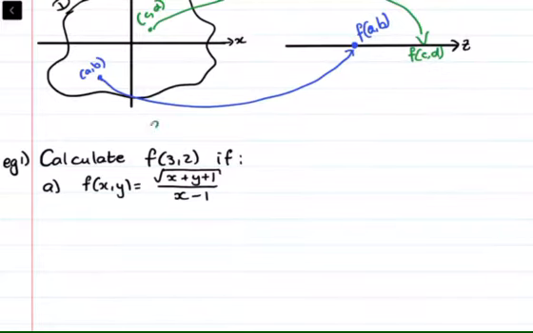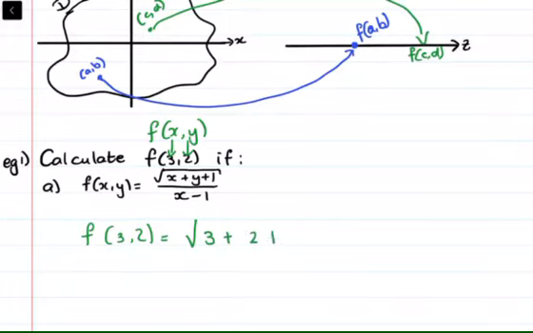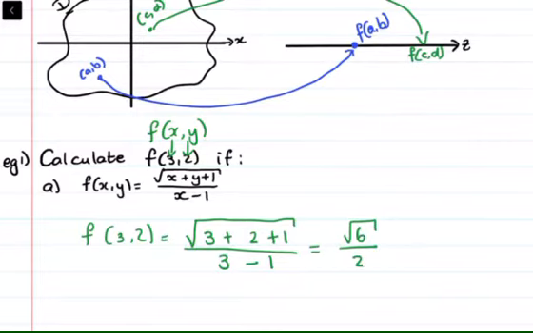It then means that the value that we will be substituting into the function for x is 3, and the value that we substitute into the function for y is 2. So f at (3, 2) is equal to the square root of x, which is 3, plus y, which is 2, plus 1, divided by x, which is 3, minus 1. So then this is the square root of 6 over 2.